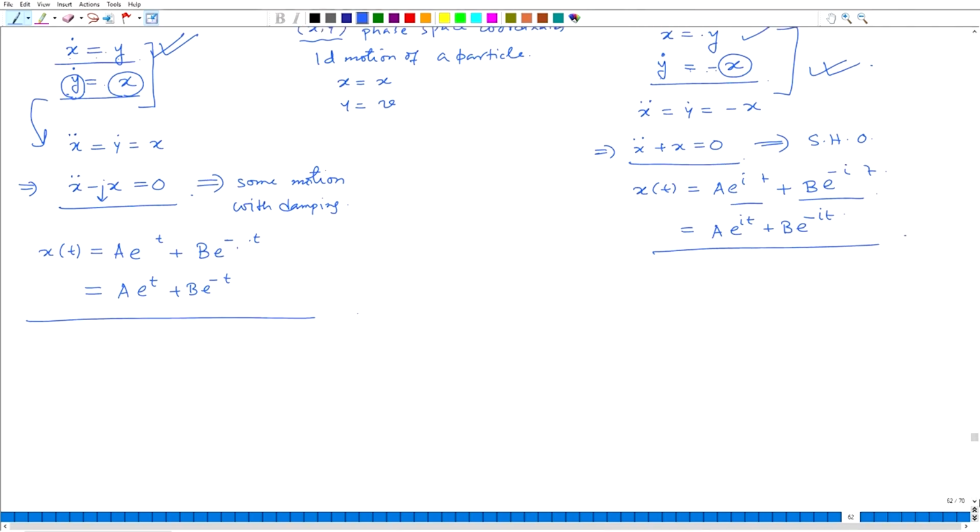Now, we want to know what the fixed points are. For both of these the fixed point is 0 0.